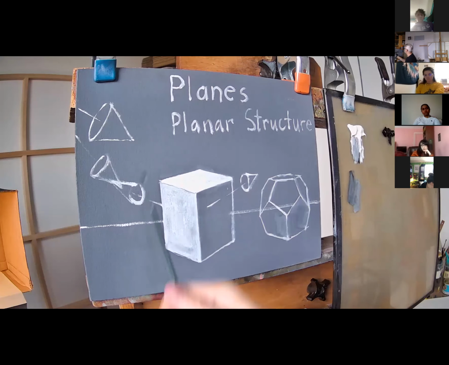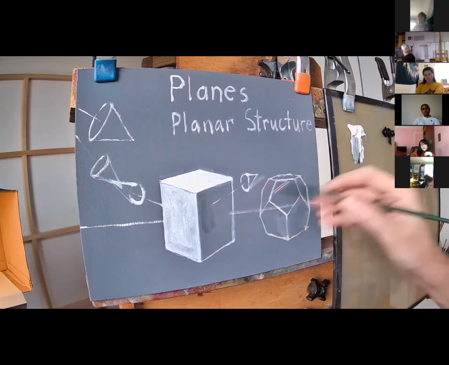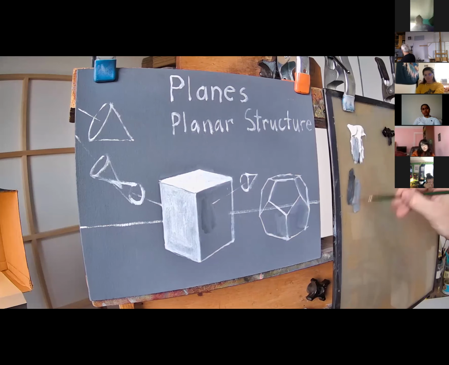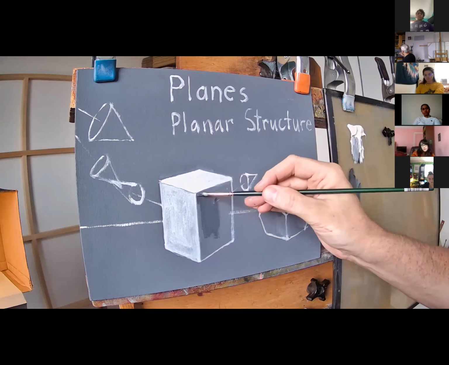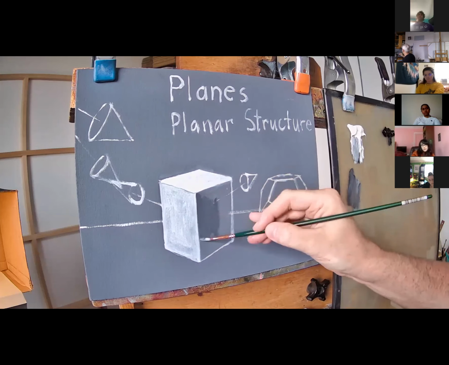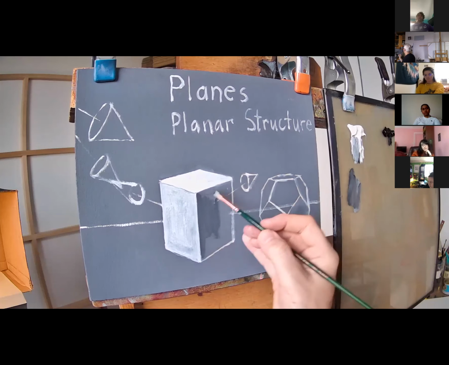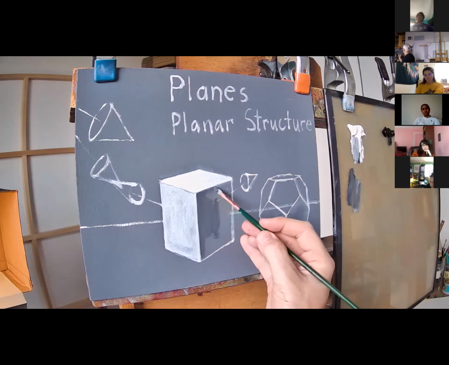So that plane is going to be almost completely in shadow. If I'm assuming that this is a kind of middle tone, I'm going to give that plane a slightly darker tone. So that plane goes to shadow. There's no light hitting that plane.